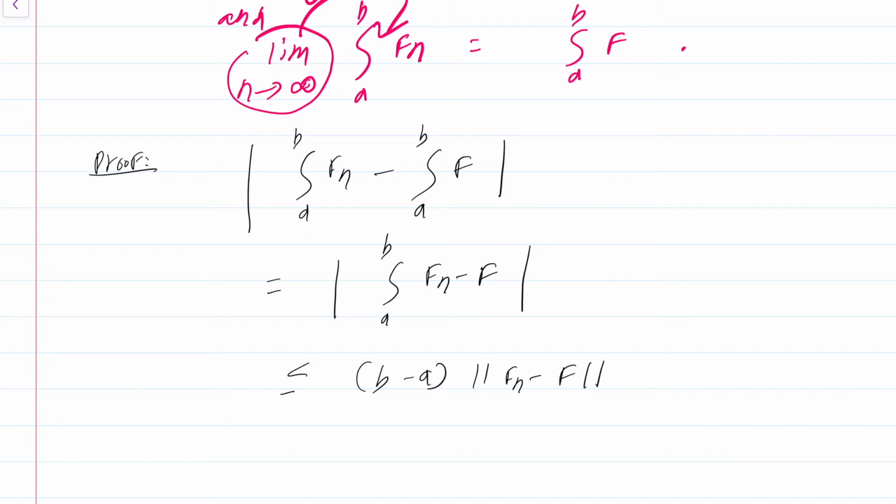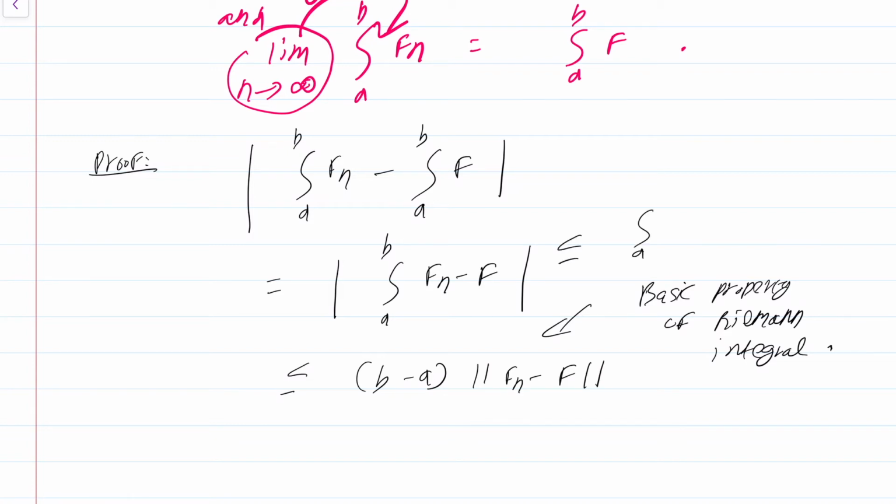This is just the basic property of the Riemann integral. So tacitly I am using the fact that this is less than the integral from a to b of mod fn minus f. After that, I get this in an easy way.